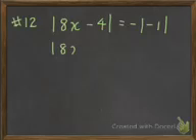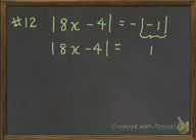Let's simplify this. Now you know that the absolute value of negative 1 is 1, and that minus sign is still there. So again, we have the absolute value of an expression being a negative number, and this cannot be since distance is always positive. So again, this equation has no solution.